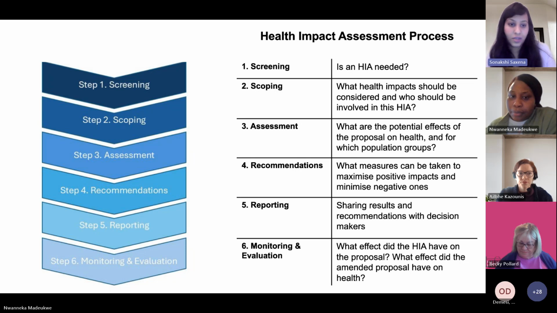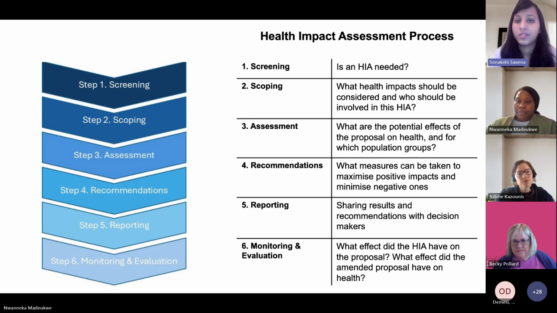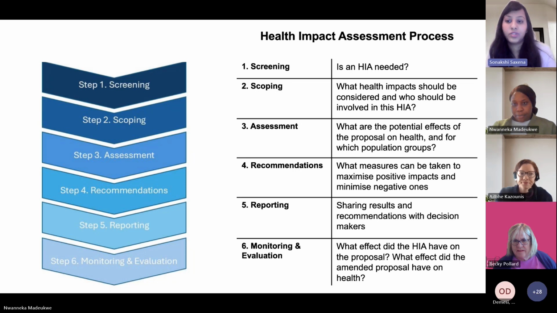The reporting step, the fifth step, involves sharing the results and recommendations from the HIA with the decision makers, ensuring transparency and accountability. Monitoring and evaluation is the final step that measures how effectively the HIA is monitored. This includes assessing the impact of the HIA on the proposal and evaluating the health outcomes of any changes made based on the recommendations.